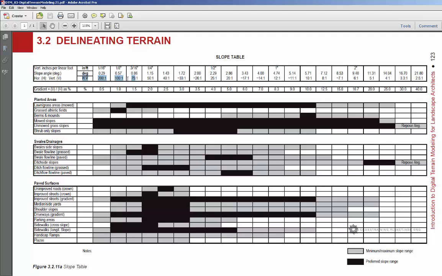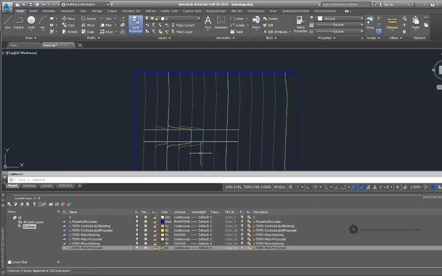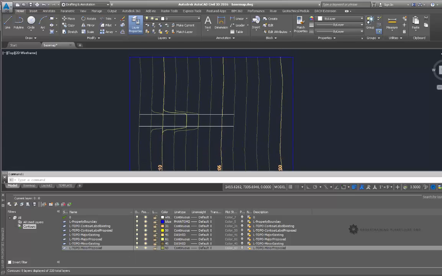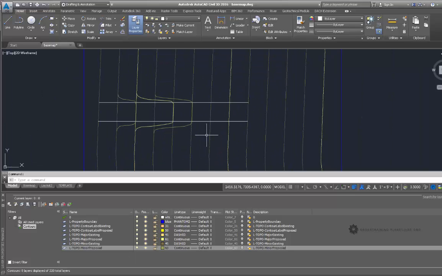In calculating the slope of a surface, we assume it to be of a uniform slope. That means that the contour spacing is even. So this surface has an even contour spacing. But in reality, you're going to find that some of the contours are really close together, they're really jagged, irregular, they're all over the place.